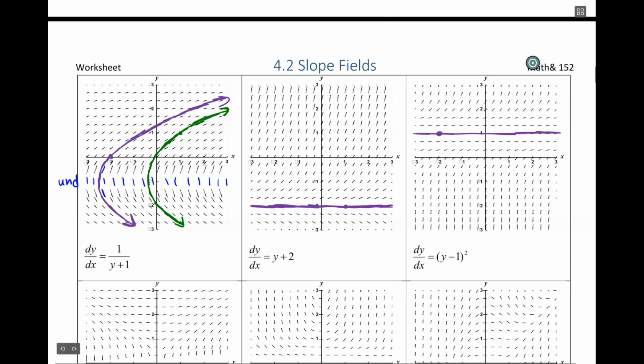Otherwise, for points that aren't on those horizontal lines, so like if I got (0, -1) instead, as I head over, my graph just starts getting steeper. Something along the lines of that.